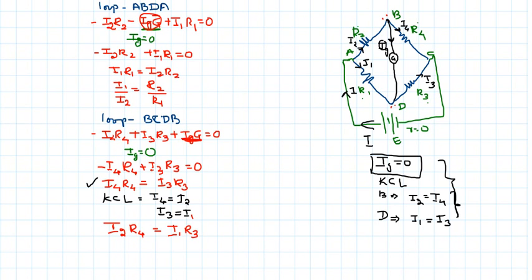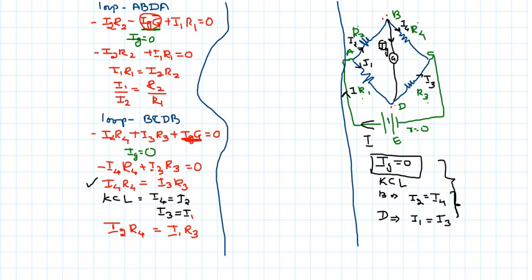Right? Now go on solving this. Okay, now therefore the equation turns out to be I1 divided by I2.